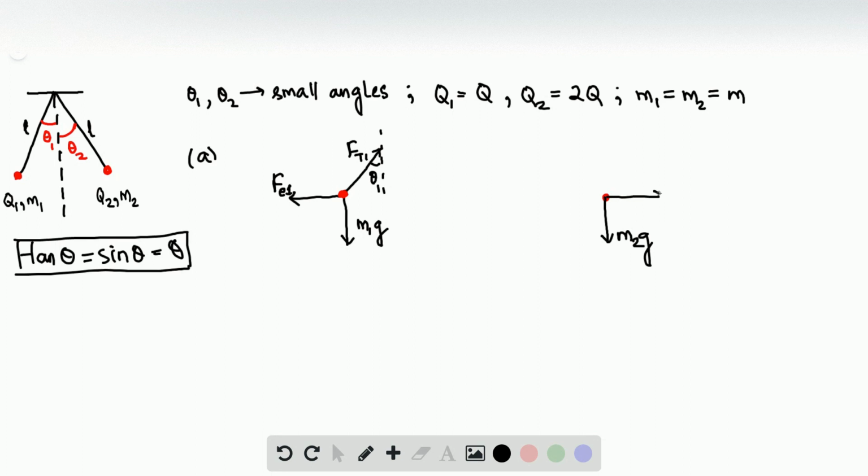There will be a force of repulsion, let's say Fe2, away from the first mass, and then there will be a tension force, say Ft2, acting at an angle θ2 to the vertical.